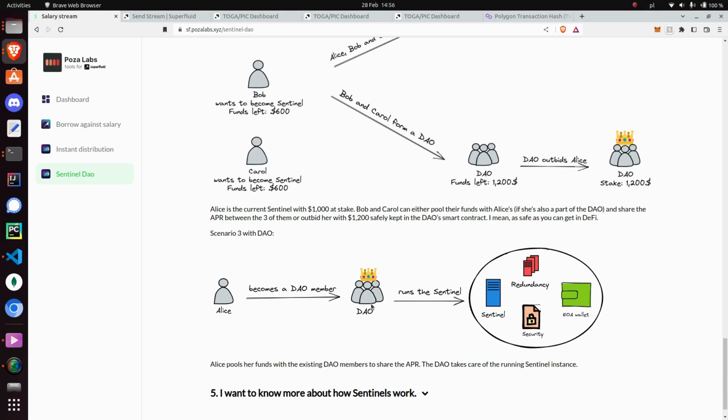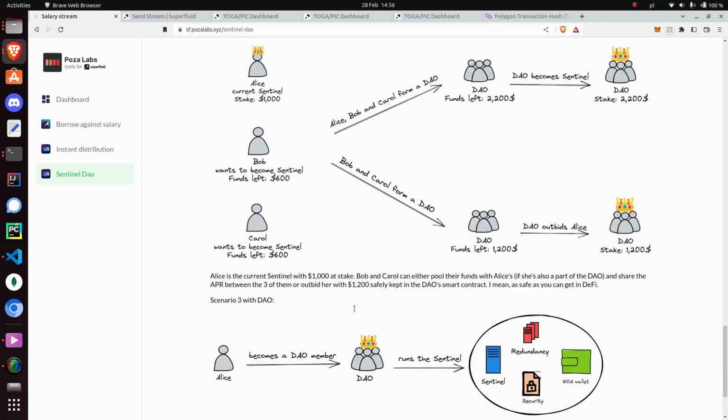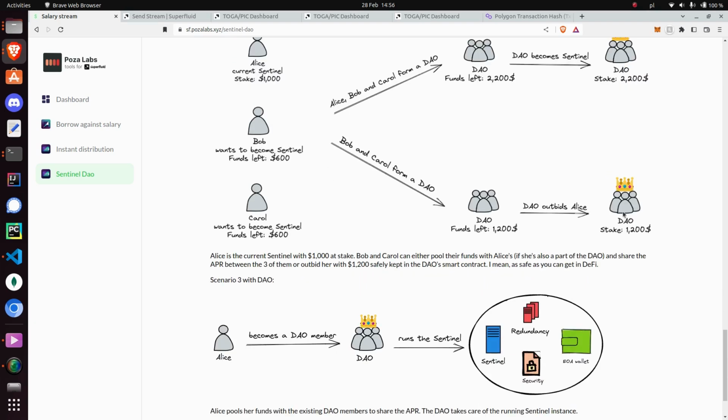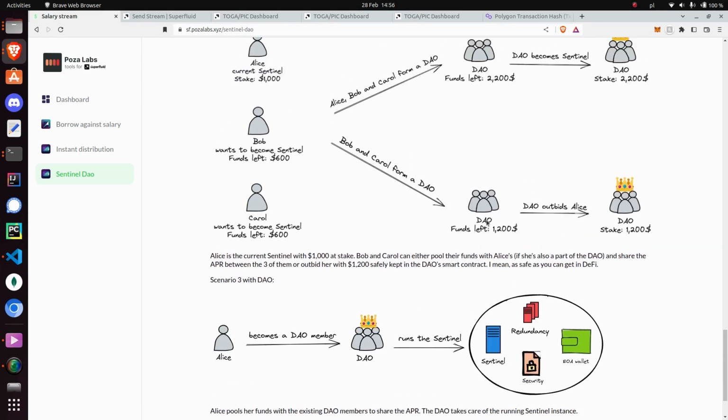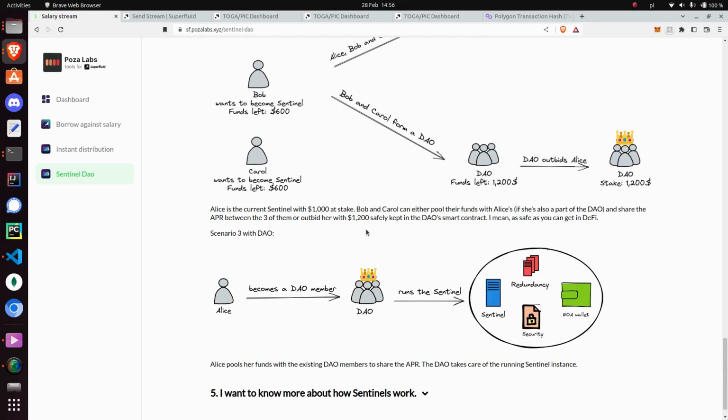Maybe some of the more tech-savvy users can run redundant instances, and there is a system set up, and there is a separation of responsibilities so that it's not too overwhelming for one single person, and that everyone can collaborate on this and share the rewards and also share the responsibilities. So all of this becomes possible once we can agree on a smart contract basis that it's worth it to share that responsibility and share those rewards.